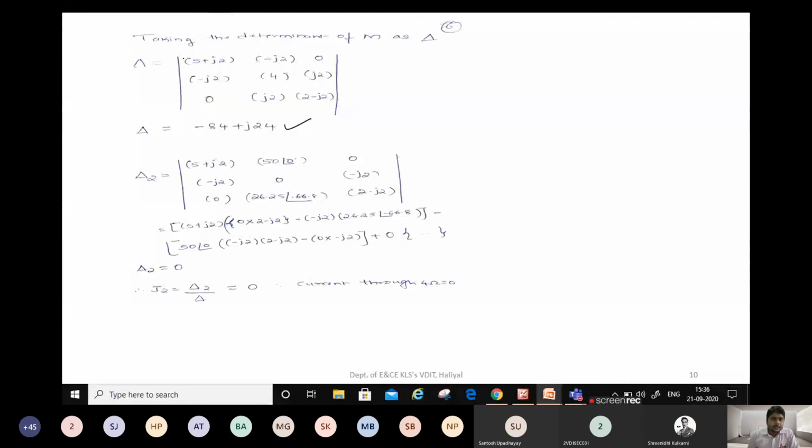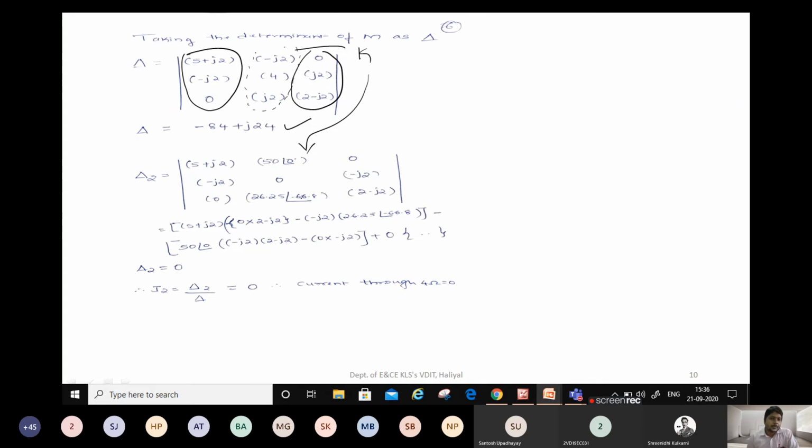You have to retain these things, and in this place you have to put the constant values. The constant values we have are 50 at an angle 0, then 0, 26.25 at an angle minus 66.8 volts.